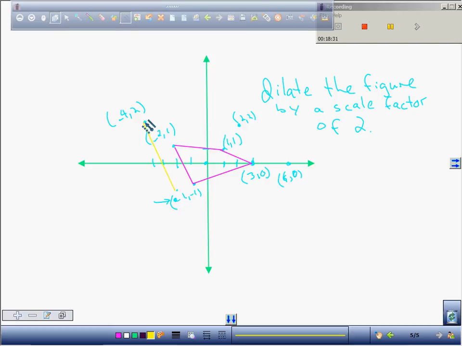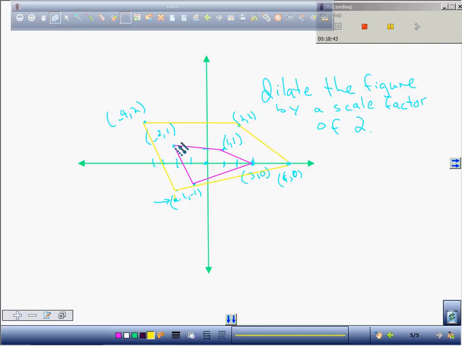Pretty close. There, there, and there. And I should have gotten a figure. It should be the same shape, just a different size. Okay? So that's what it means to dilate something by a scale factor.